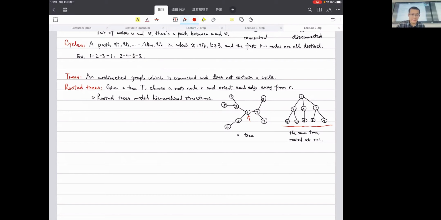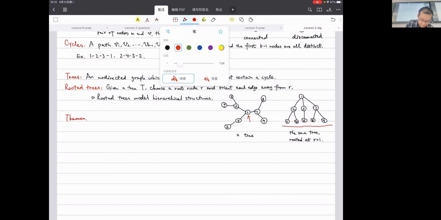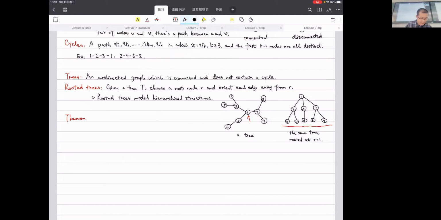Let's talk more about some characterization of trees as a start. Let's first give a theorem. What I just mentioned, that a tree is an undirected graph which is connected but does not contain a cycle, is still a bit abstract, and we want a better characterization. Theorem.